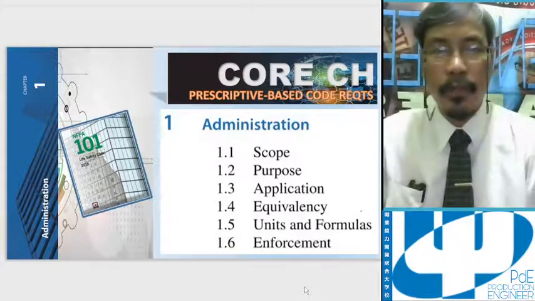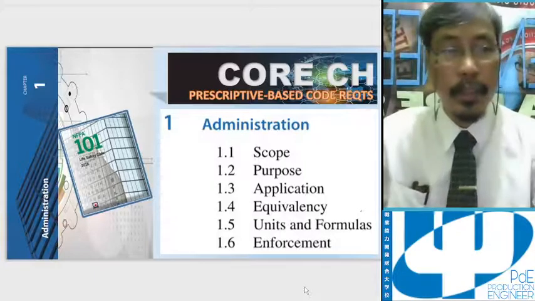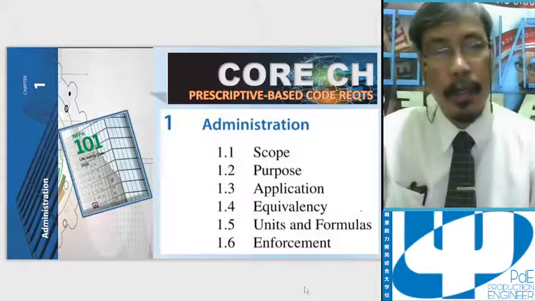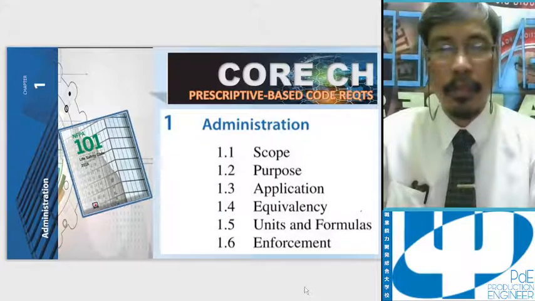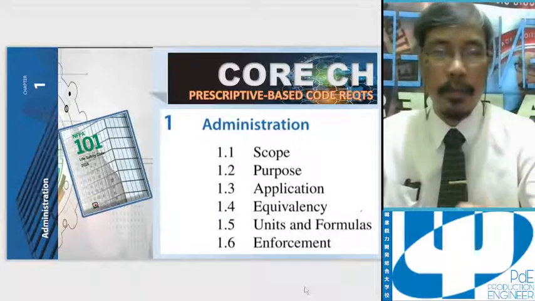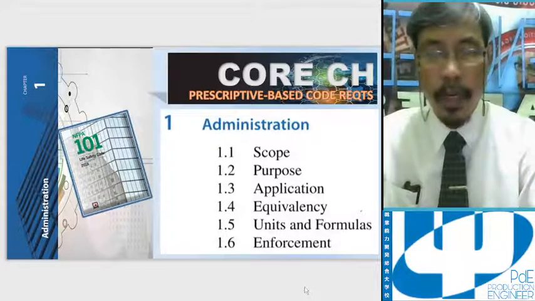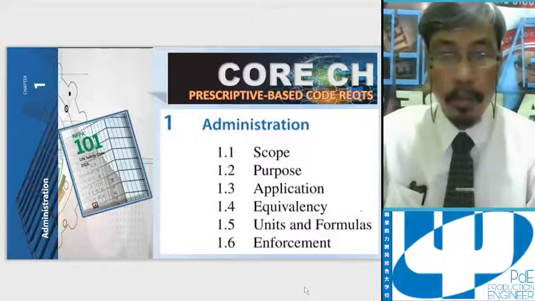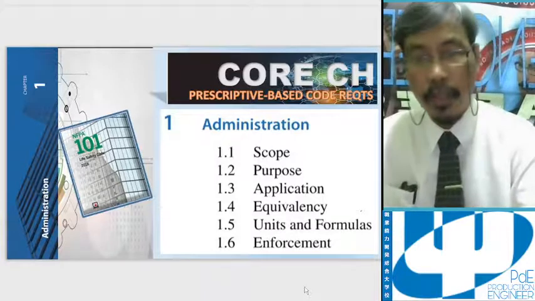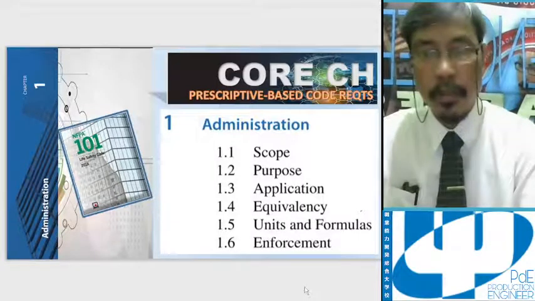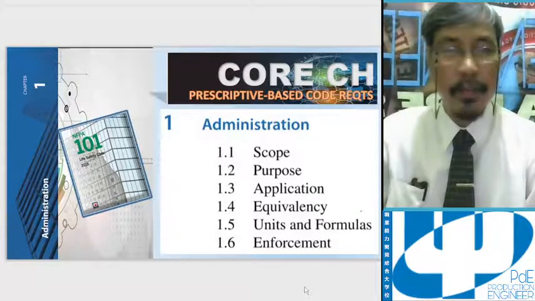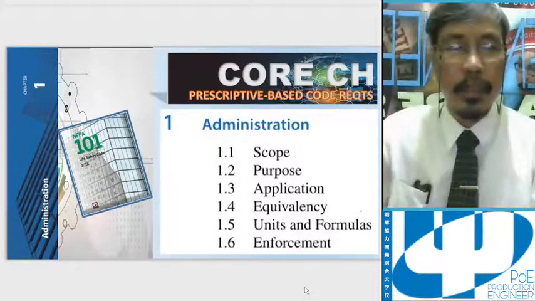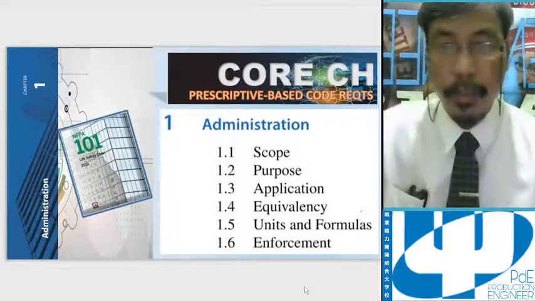So, first, we have to discuss the prescriptive based code requirements. So, that is what? Chapter 1 to 4, chapter 6 to 10. So those are the prescriptive based code requirements.